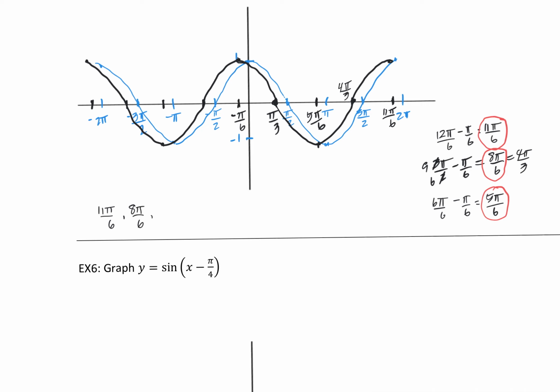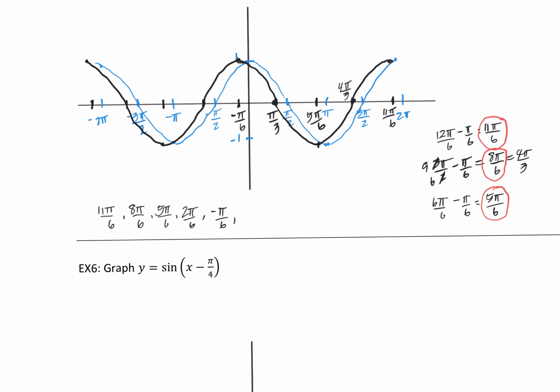Then we went to 5 pi over 6, minus 3 would be 2 pi over 6, which would be pi over 3, sorry. And then, if we were still continuing this process in the negative direction, minusing 3 from 2, it would be negative 1 pi over 6, which gave us that negative pi over 6.